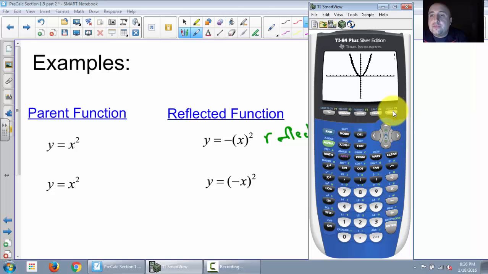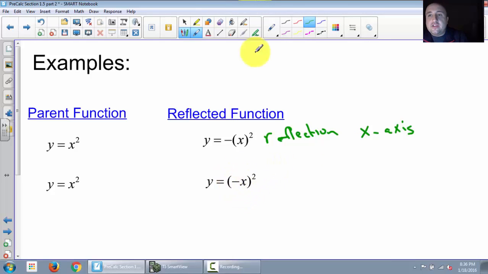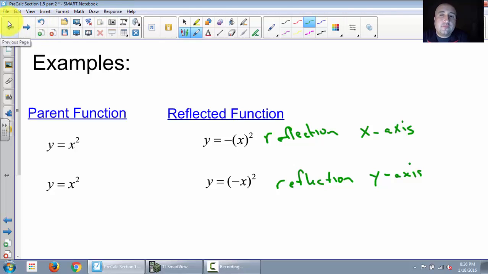Oh, it just flipped it over, so it's reflecting it over the y-axis. So nothing is changing because it's a symmetrical parabola. All right. So that is the difference. So if we make just the x part negative, it is a reflection over the y-axis, but because it's a parabola, it's a little bit harder to look at because it is symmetrical.